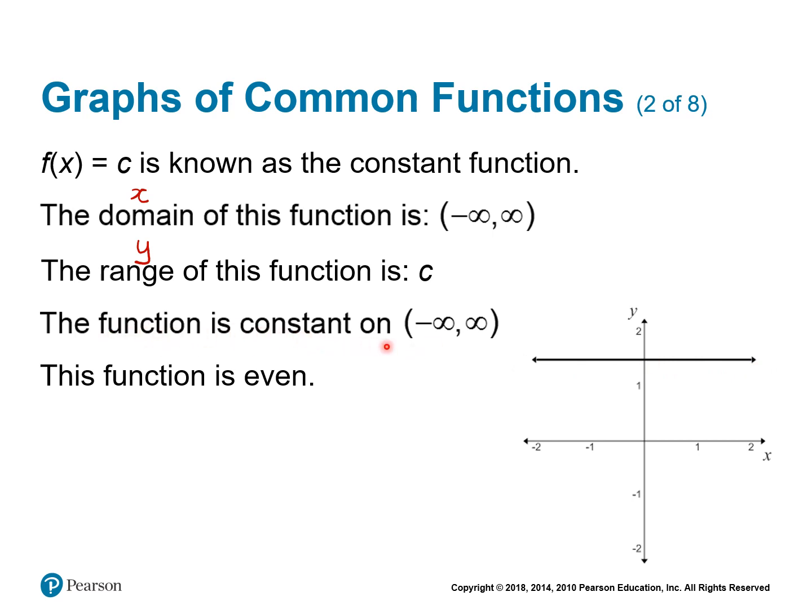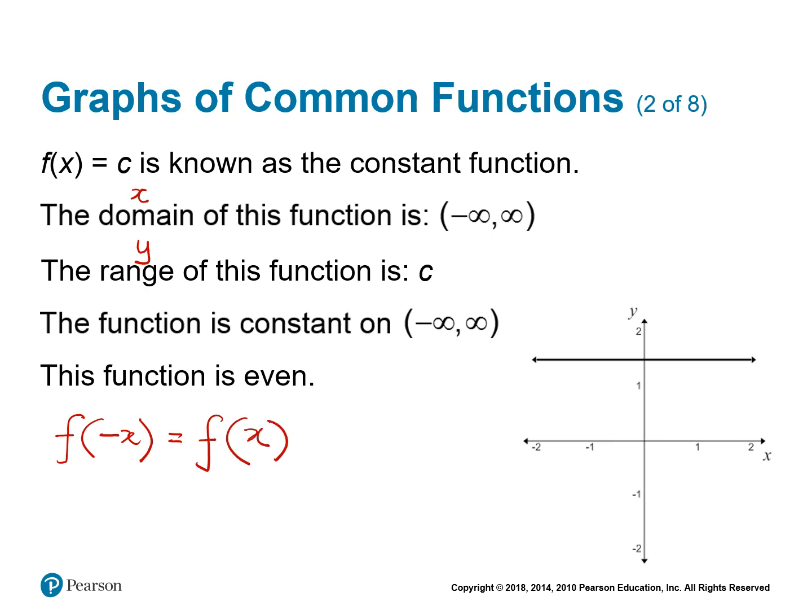The function is constant on negative infinity, comma, infinity, and this function is even. I think we did that in a previous section of chapter 1: what is an even function? If we substitute x with negative x, the function will be unchanged, f of x.